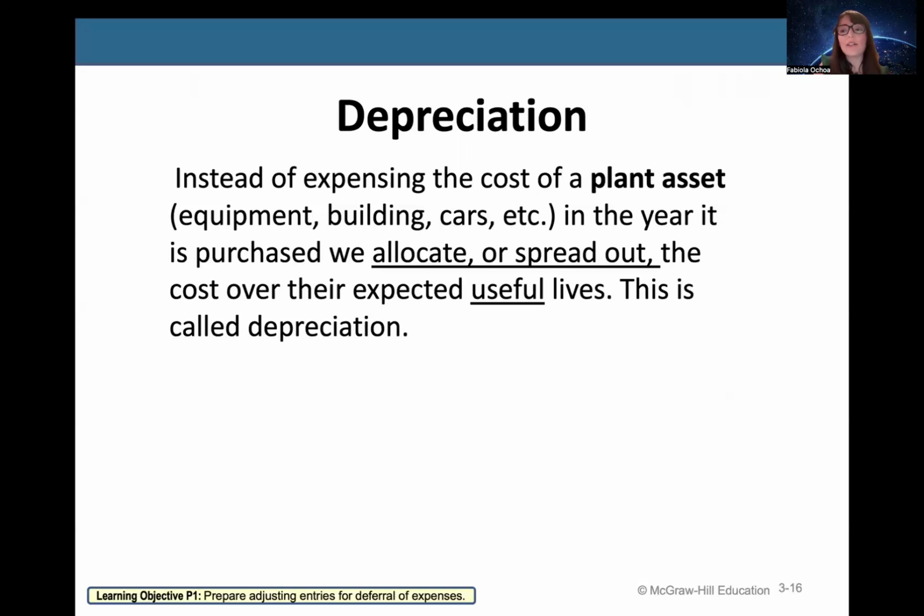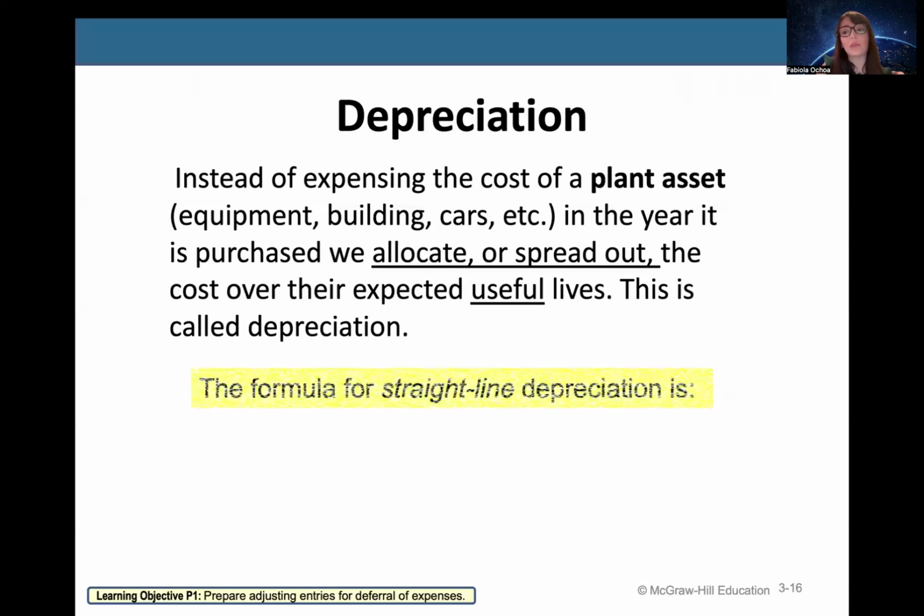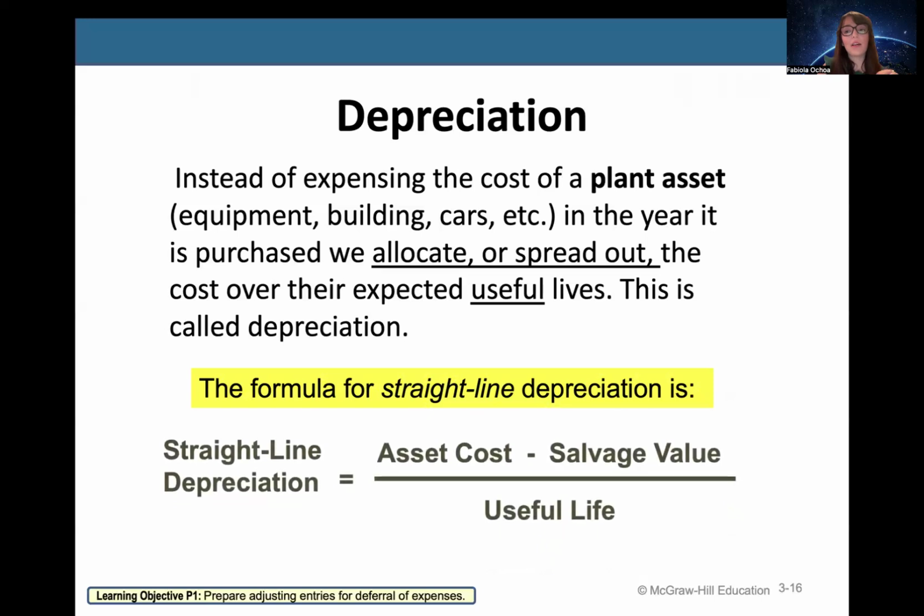This is called depreciation. We allocate or spread out the cost, in this case of the car, over their expected useful lives. There is a formula for straight line depreciation.